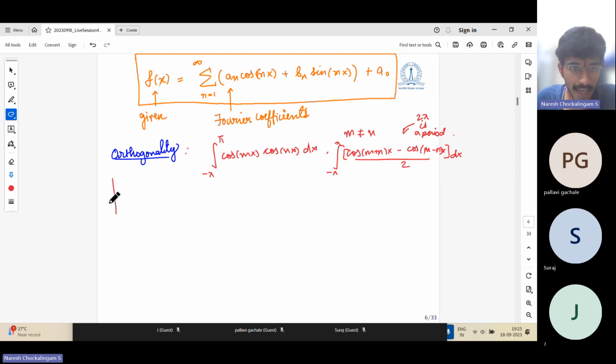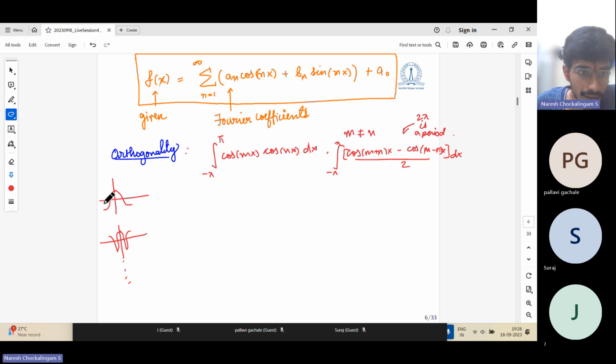In that case, if you take any cos function and integrate it from minus pi to pi, for example, cos 1x is something like this, cos 2x is something like this, and you can have cos nx.